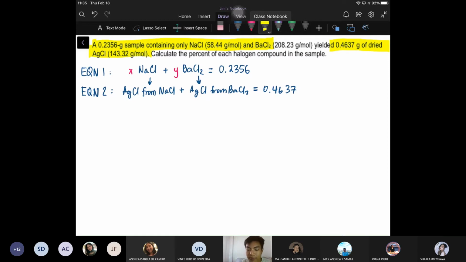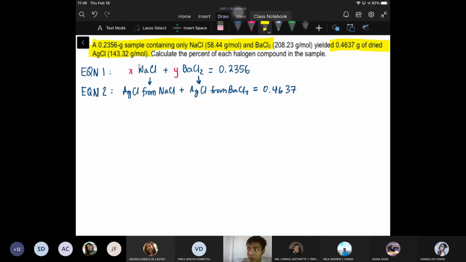So we're now at the last part of the question. The first equation is the first part of the sentence: a 2.356 gram sample containing NaCl and BaCl2. X NaCl plus Y BaCl2 equals 0.2356. X and Y because I don't know their amounts. Then I precipitated both using silver ions to produce silver chloride.